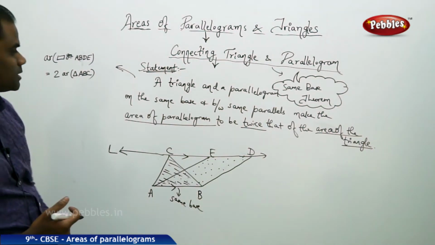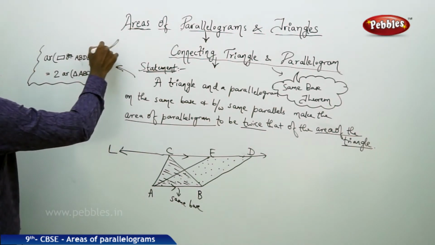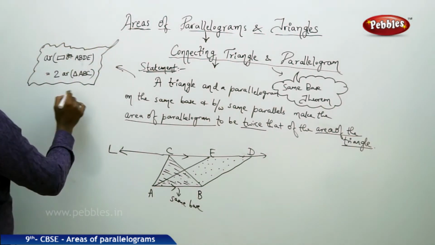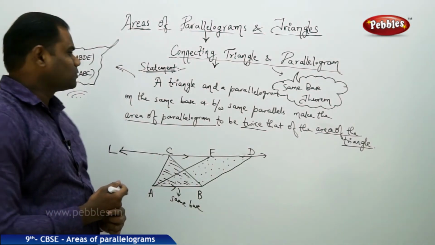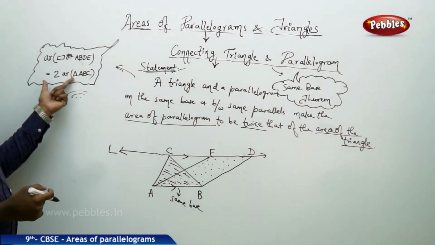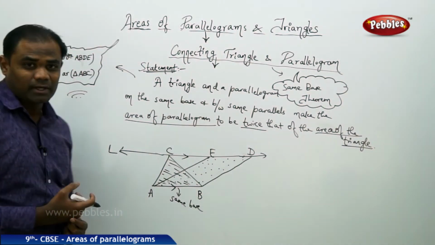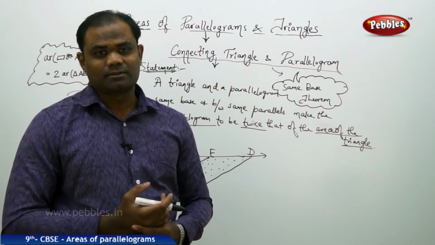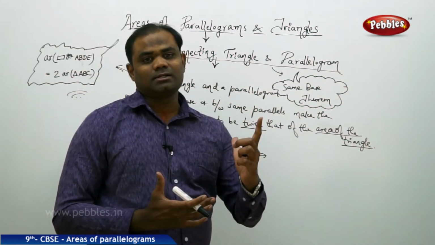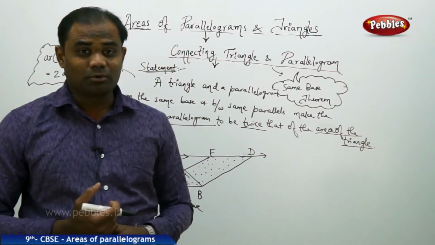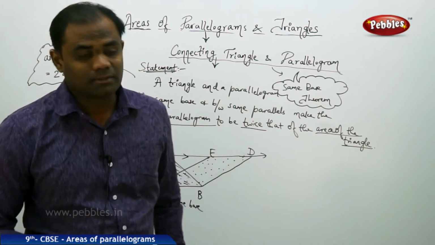That's how we understand the property of the area of a triangle and a parallelogram. Why do you think the area of the parallelogram is twice the area of the triangle? How is the twice of the triangle connected? It's very simple, because a parallelogram is a four-sided figure whose diagonal divides it into two triangles.